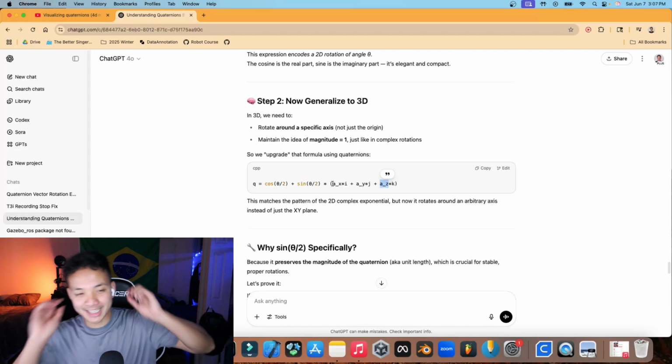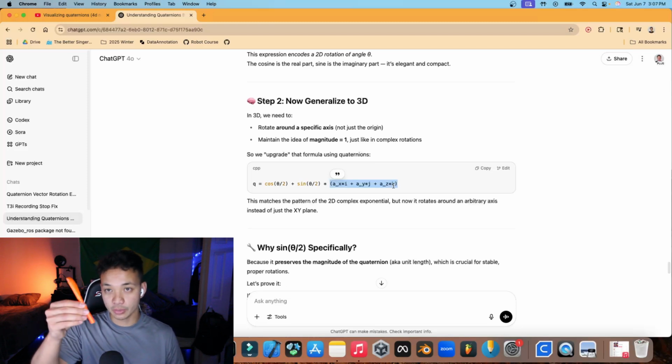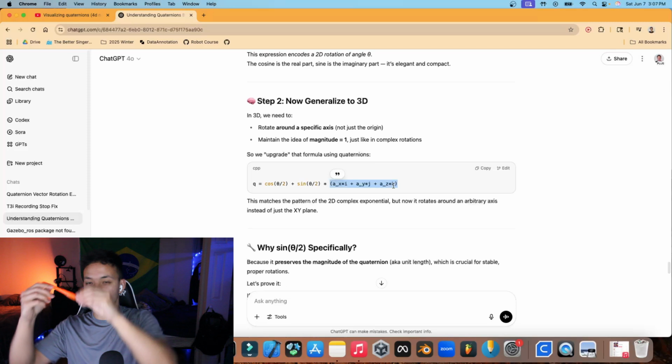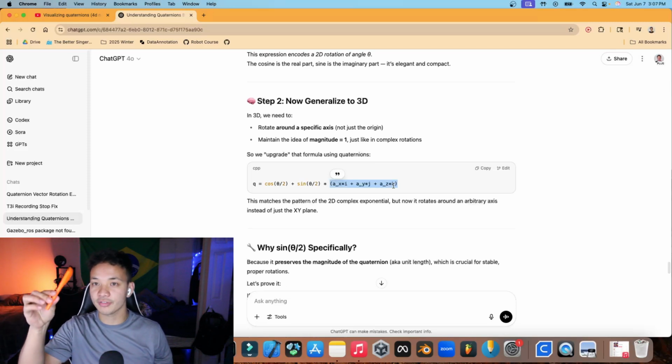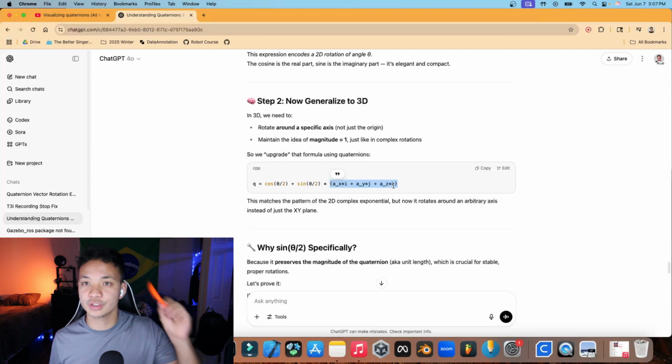Okay, final thoughts. I think I got it. This vector part is like the line. It's the direction in which we're rotating. We can rotate this way, this way, or this way, but this just defines the rotation. The sine theta over 2 describes the angle at which we're rotating.